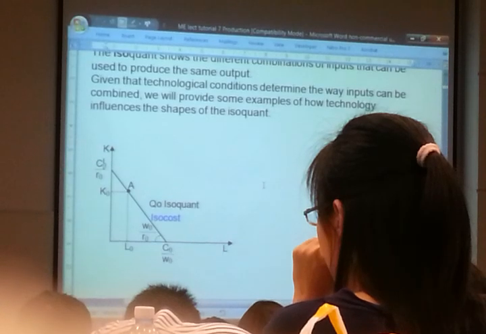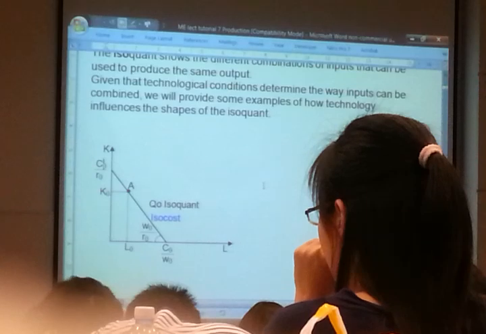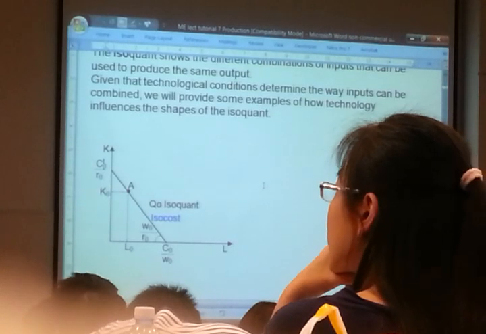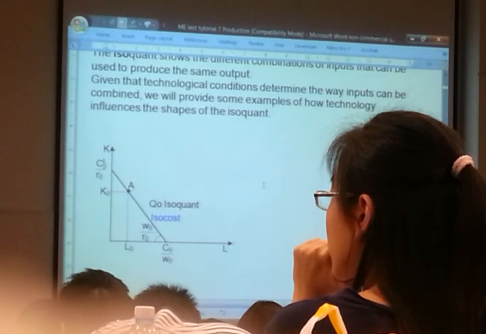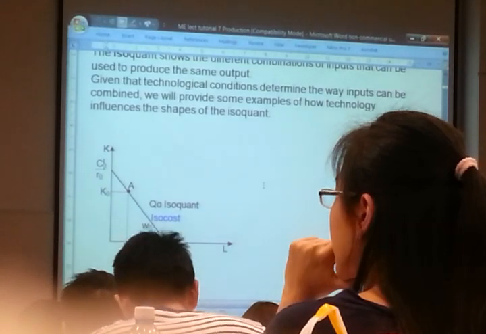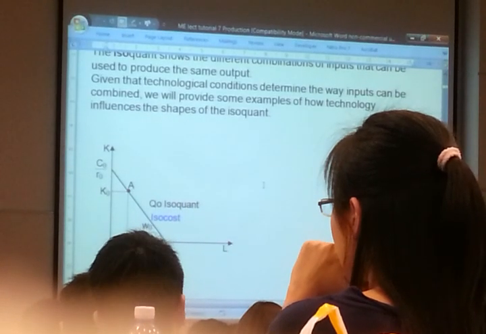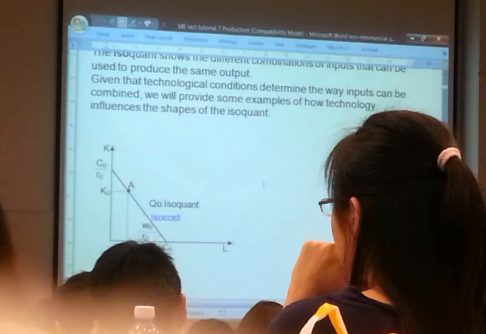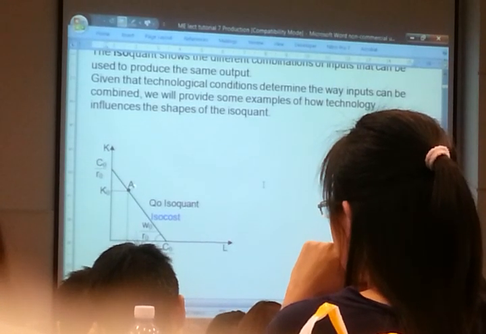Equal cost line, right? But now we don't use English. English is called equal. Latin is called ISO. Okay, so this line in English is called an equal cost line. Why? Because every point on this line, the cost is how much?